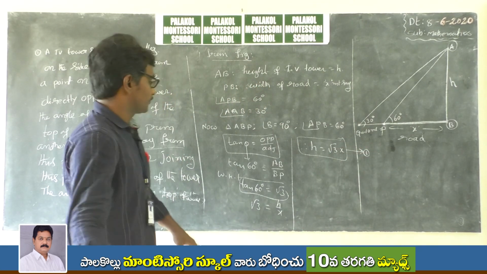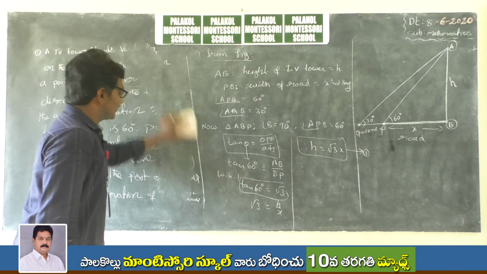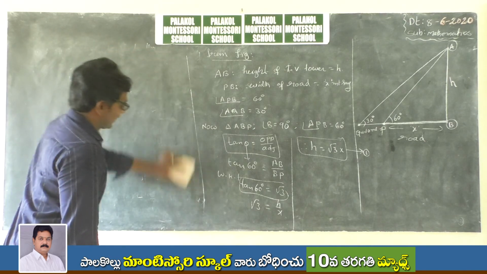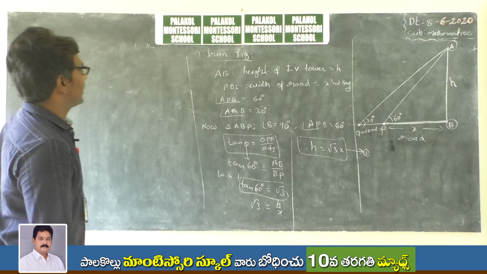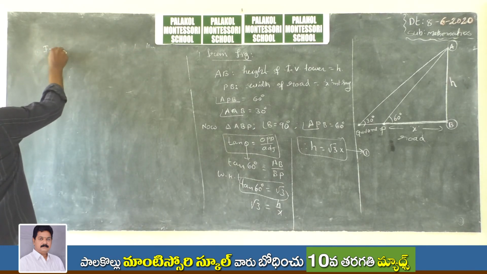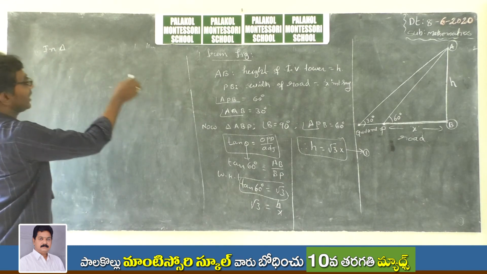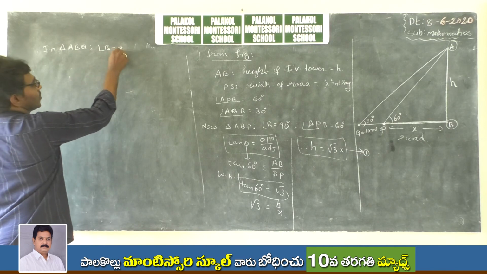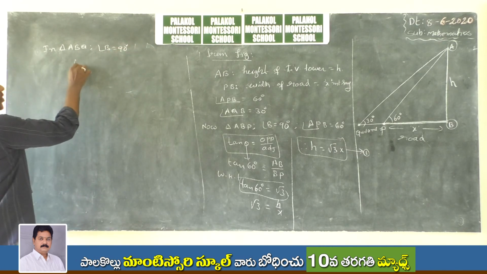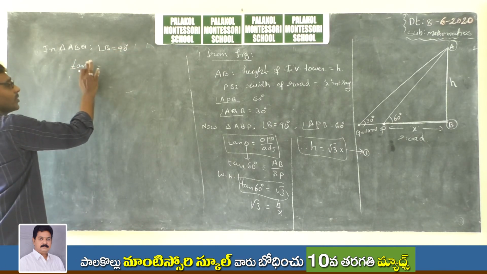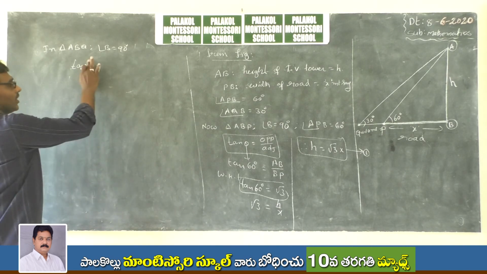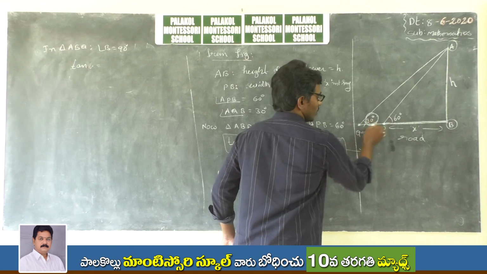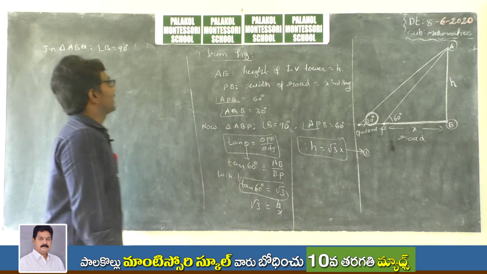Next, take the second diagram, triangle ABQ, where angle B is equal to 90 degrees. Again take tan theta, opposite side by adjacent side. Here theta is equal to 30 degrees.